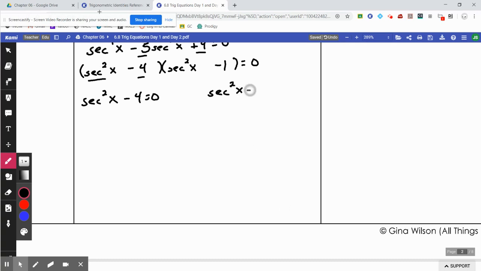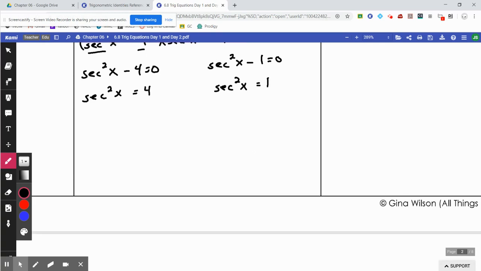So secant squared x minus 4, and secant squared x minus 1. Set them each equal to 0. Move the 4 over. I'm going to go ahead and do this one. Move the 1 over. Do plus and minus the square root. So secant x will be plus and minus the square root of 4, which is 2. Or secant x will be plus and minus the square root of 1, which is 1.